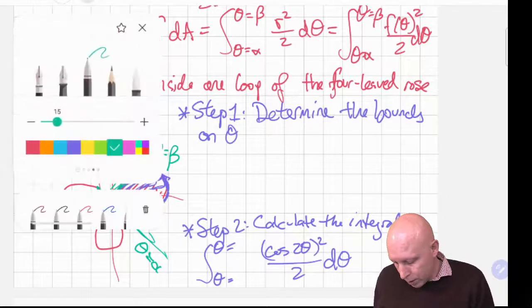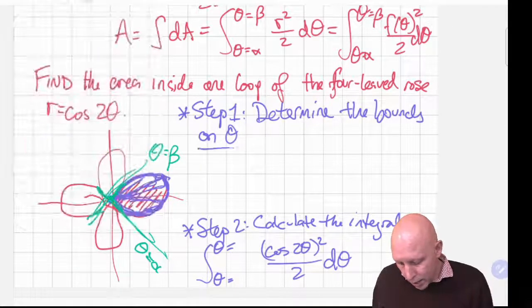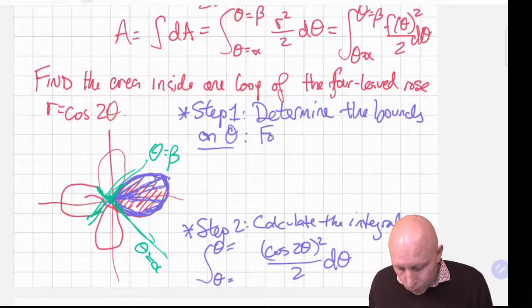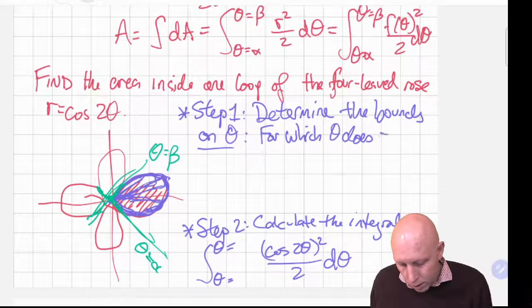So when we're determining the bounds on theta, we need to answer the question: for which theta does the curve pass through the origin?